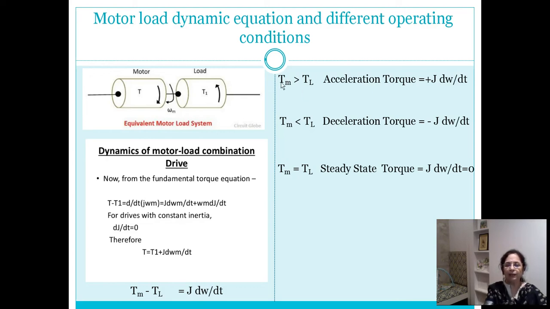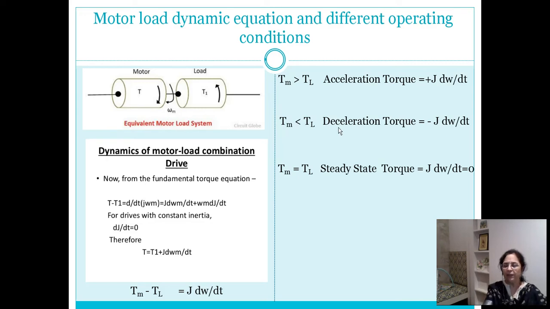So when we look at the conditions, if motoring torque is larger than the load torque, it can produce acceleration. So in this equation, Tm is larger than TL, which makes J d omega by dt positive, and we call it acceleration torque, where this combination can accelerate and speed can increase. This can be the condition during starting of the motor, as well as other times when motoring torque is greater than load torque.